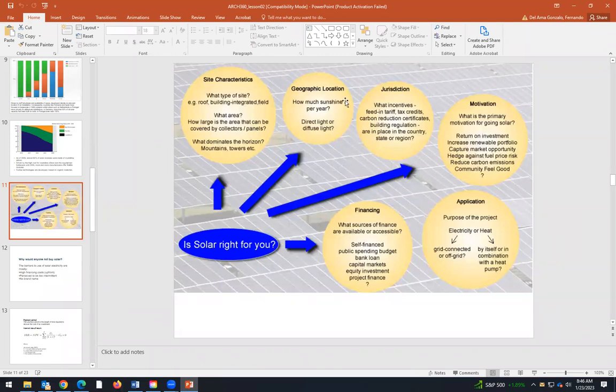We will analyze the site characteristics and the geographic location, and we will assume that the jurisdiction is good, the motivation of our clients is good, and that we will have good financing. Then we will create a project with solar panels. But in the real world, we have to take all this into account before actually designing the project.